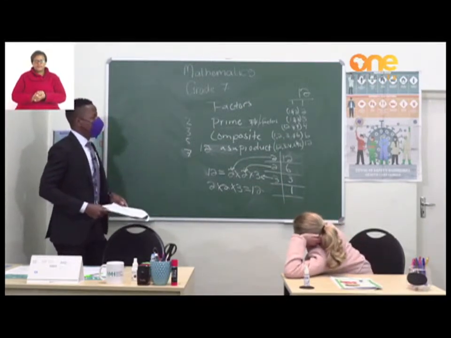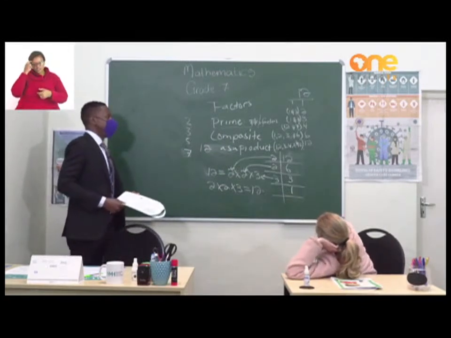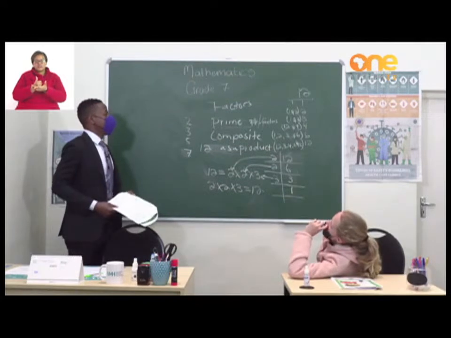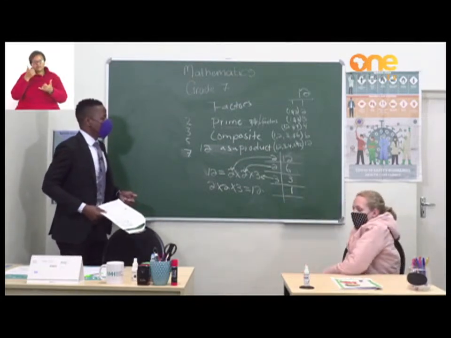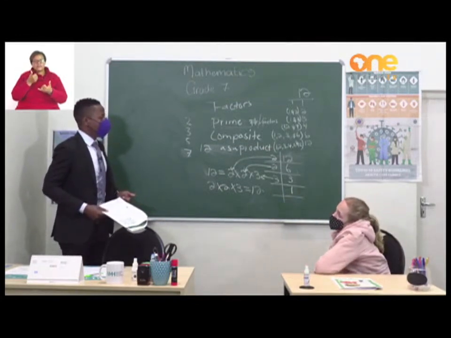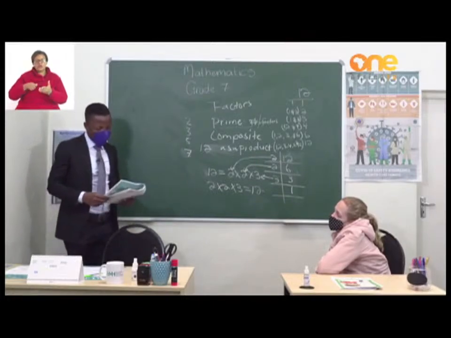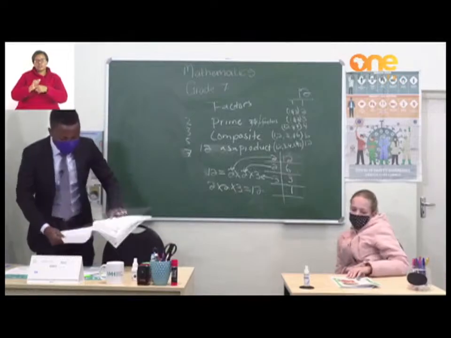So with that, I believe we can understand and do our activity much better. So let us now go back to our booklet and do the activity on the next page.